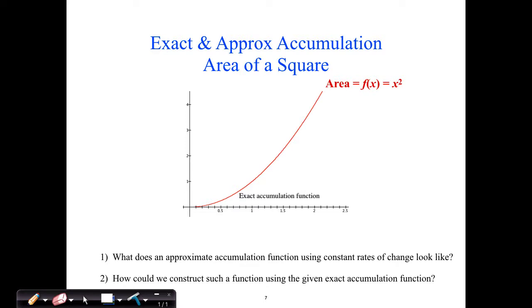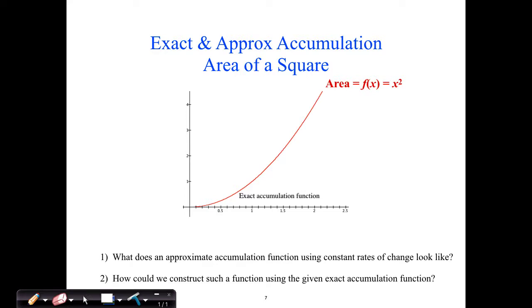So let's take a look at how we would piece together an approximate accumulation function. Kind of showed an outline of what we want to do with this. But if this is an exact accumulation function, and I want to make an approximate accumulation function, something that has constant rates of change at various moments. So what would it look like in an accumulation function?